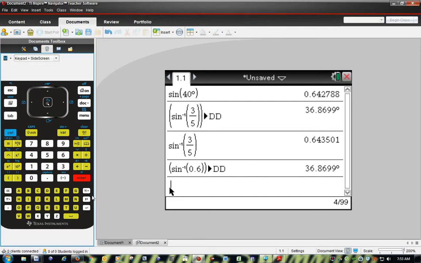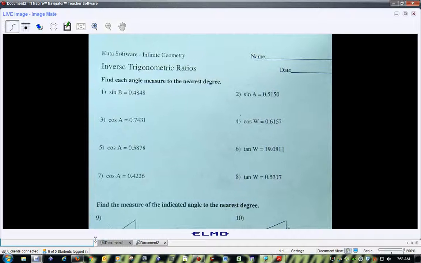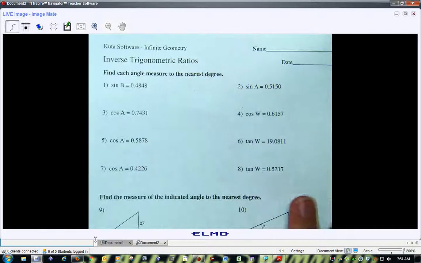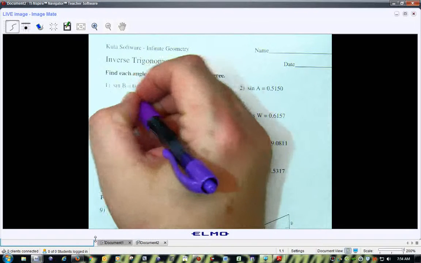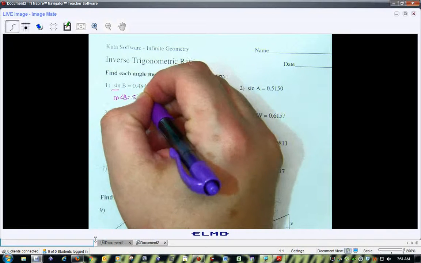Now, most of the time, the nice thing about this would be if I want to find the measure, I'm just going to say the measure of angle B is, since I'm using a sine, I need to use an inverse sine of 0.4848.